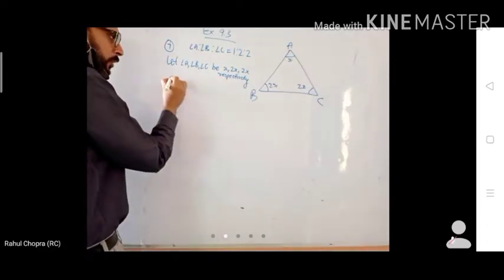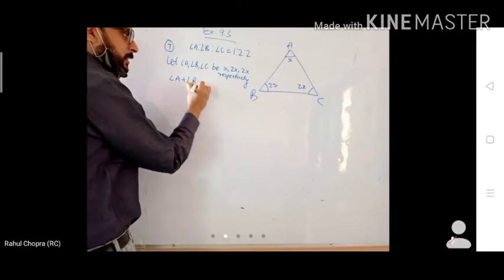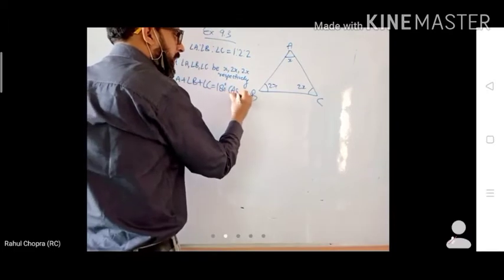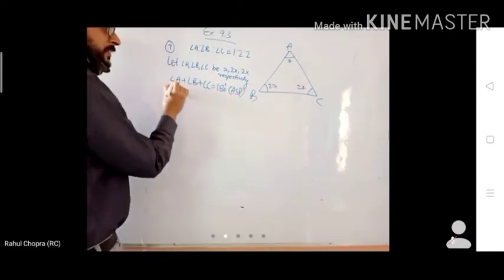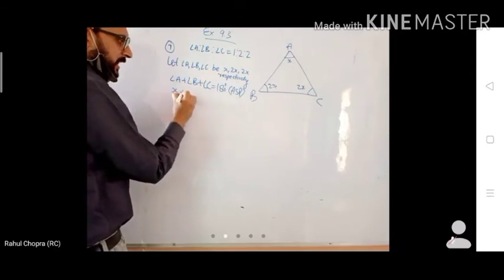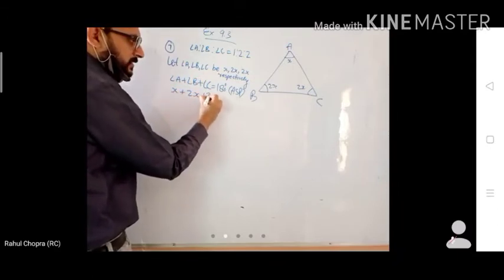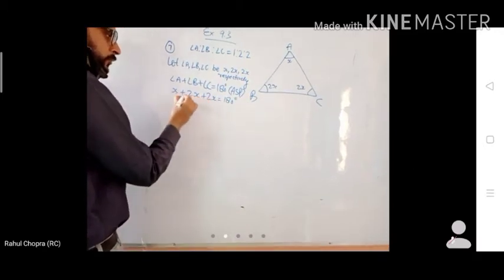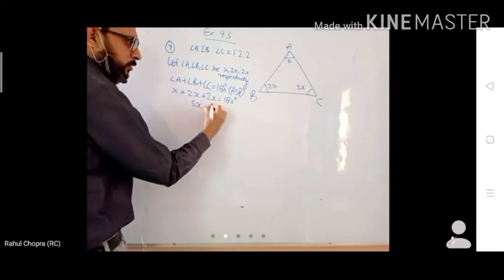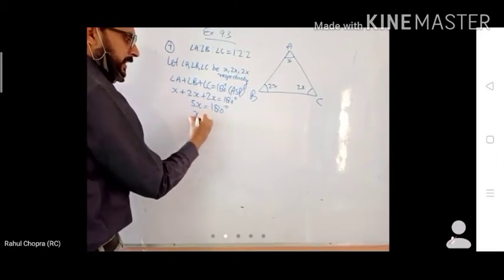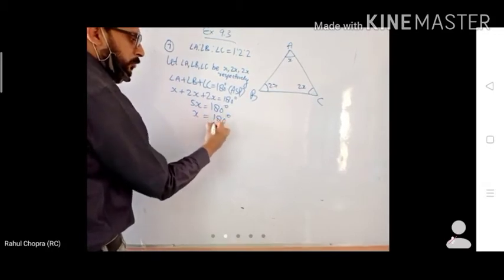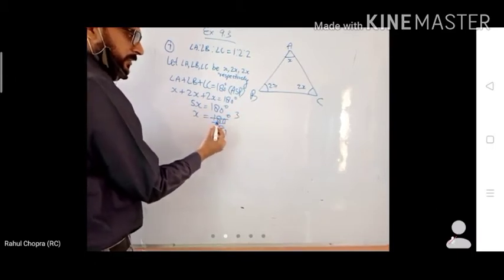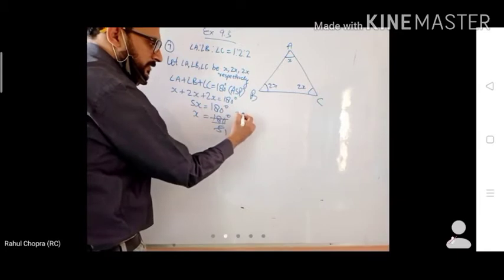You already know if you add all the three angles, angle A plus angle B plus angle C, the sum will be 180 degrees. Why? Because of angle sum property. In place of angle A, you may write x, in place of angle B, write 2x, in place of angle C, write 2x is equal to 180 degrees. 2 plus 2 is 4 and 1, 5. 5x is equal to 180 degrees. x is equal to 180 upon 5. 5 threes are 15, 18 minus 15, 3 will come, 30, 5 sixes are 30.